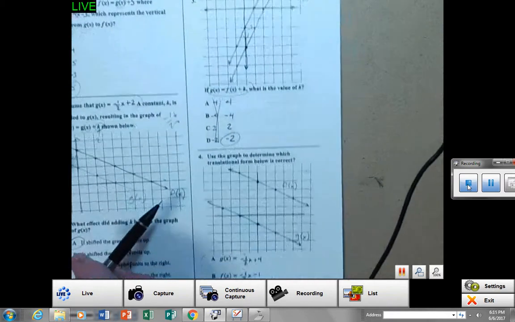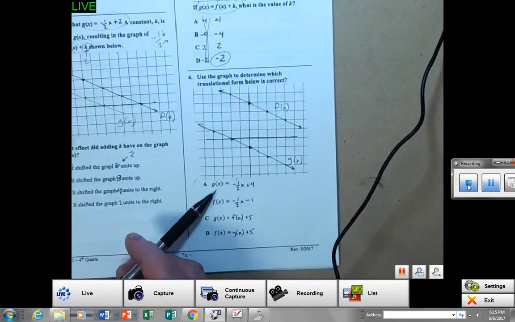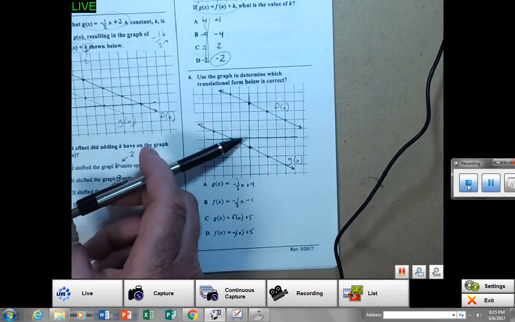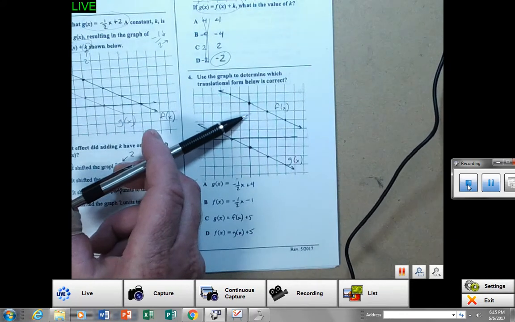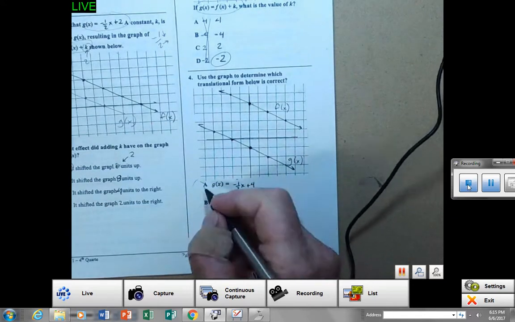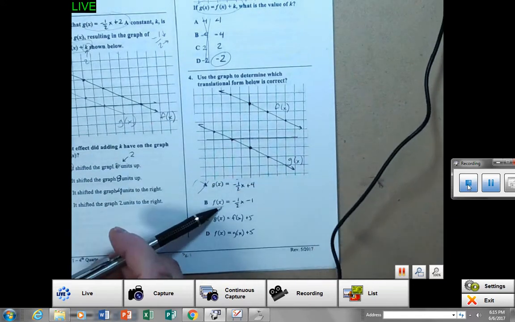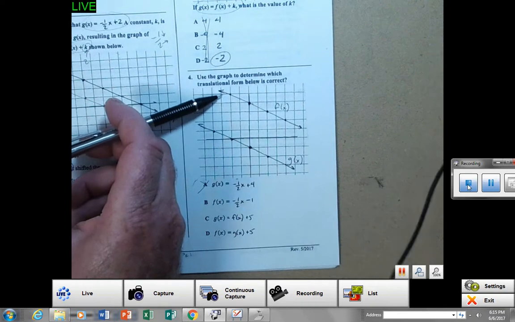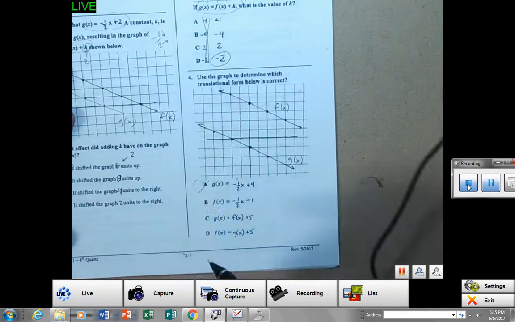This problem right here, g of x, this first one is no good because positive 4 is up here and the g of x's y-intercept is down at negative 1, so that's bad. F of x, looking at that, f of x is up here, its y-intercept is 4. That's showing a y-intercept of negative 1, so that is bad.